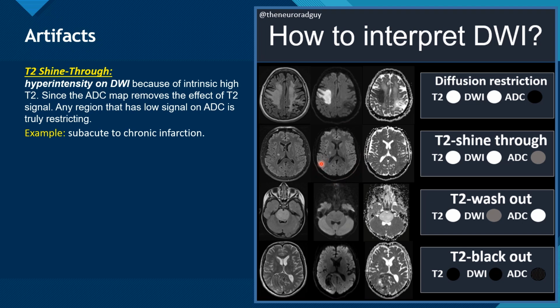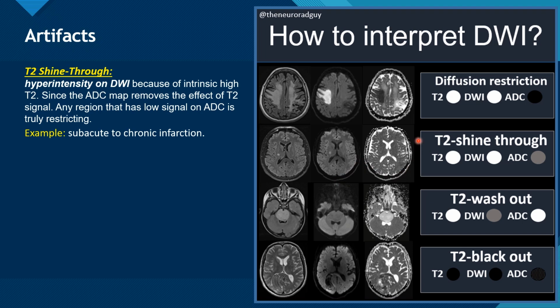Why does this area appear restricted on the B1000 images despite not being a true area of restriction or an acute infarct? This occurs because the T2 high signal shines through, or is superimposed on, the B1000 images due to the persistent T2 effect within the B value image.